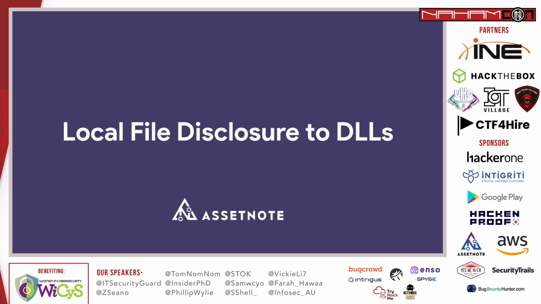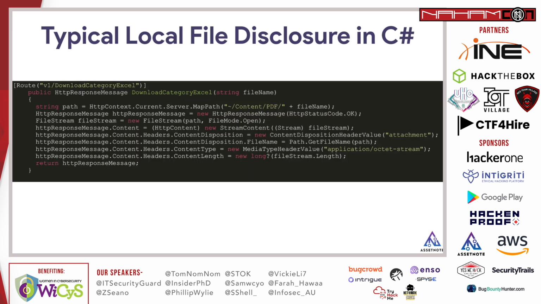Next thing I want to go through is local file disclosure to DLLs. You can take this example of code, which is written in C#, which is a basic local file disclosure vulnerability. You can see that there's an endpoint called download category XL, and this endpoint takes a file name as a parameter, and it builds a path using the file name, which is vulnerable to directory traversal and arbitrary file read.